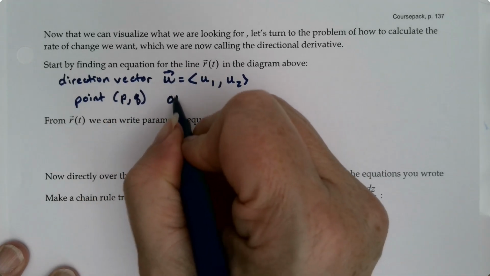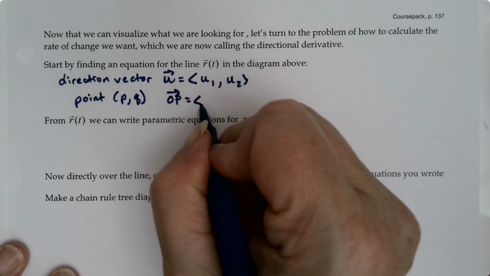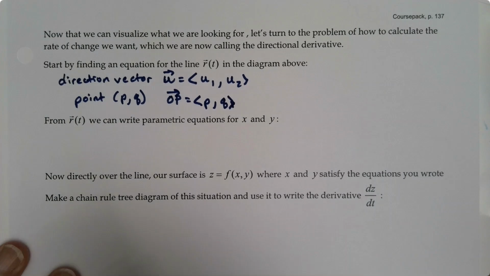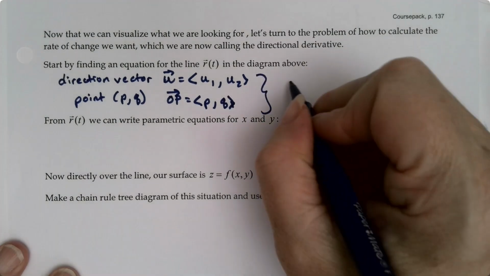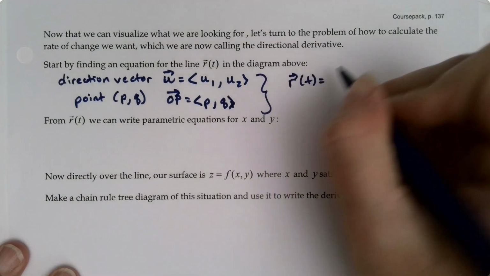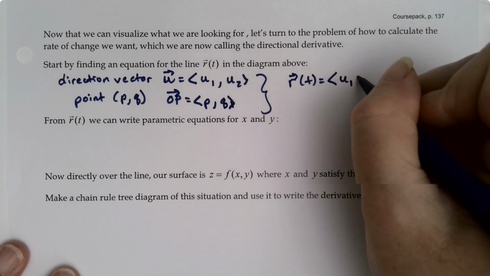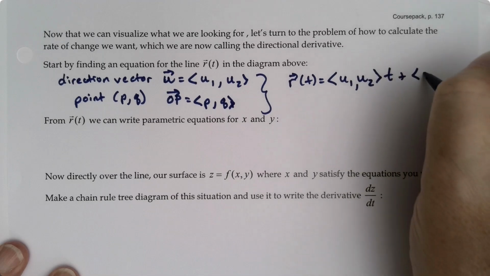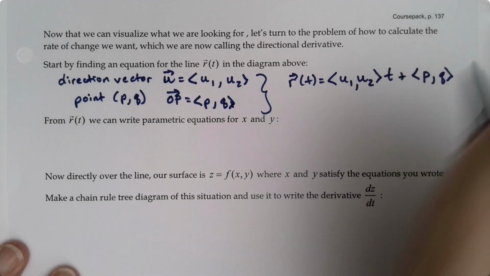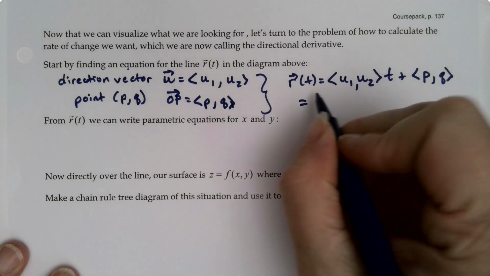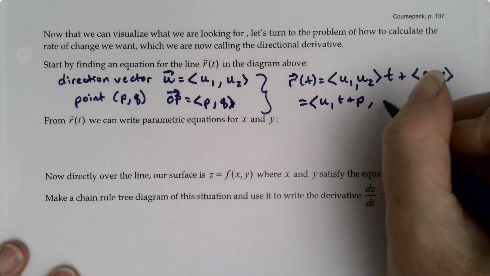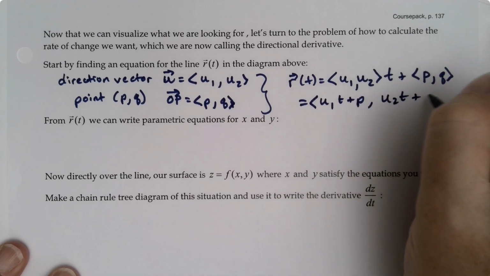So we go from the origin to (p, q), we make a vector out of it, and that's (p, q) in vector form. All right, then we put these together. r of t is equal to the vector u1, u2 times t plus the vector p, q. Or if you will, that's u1t plus p and u2t plus q.